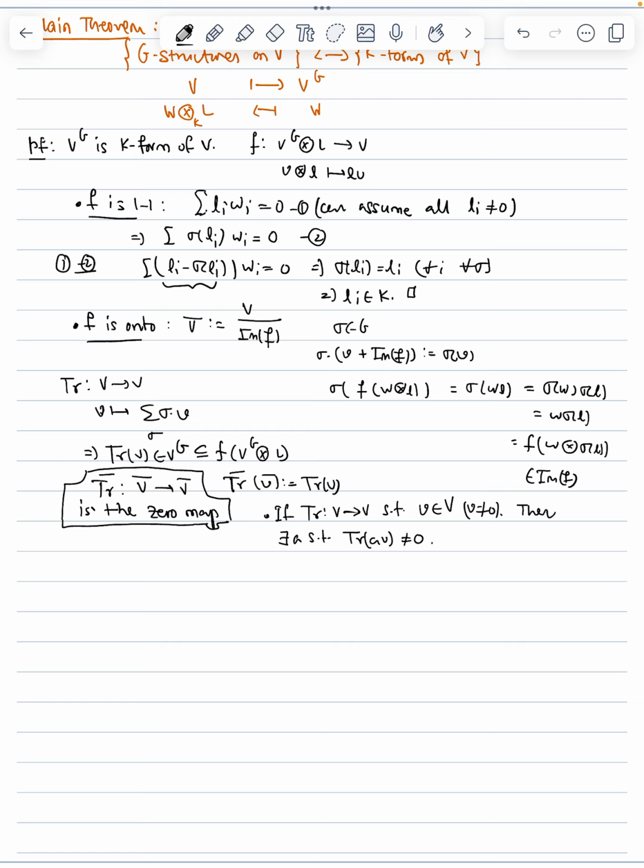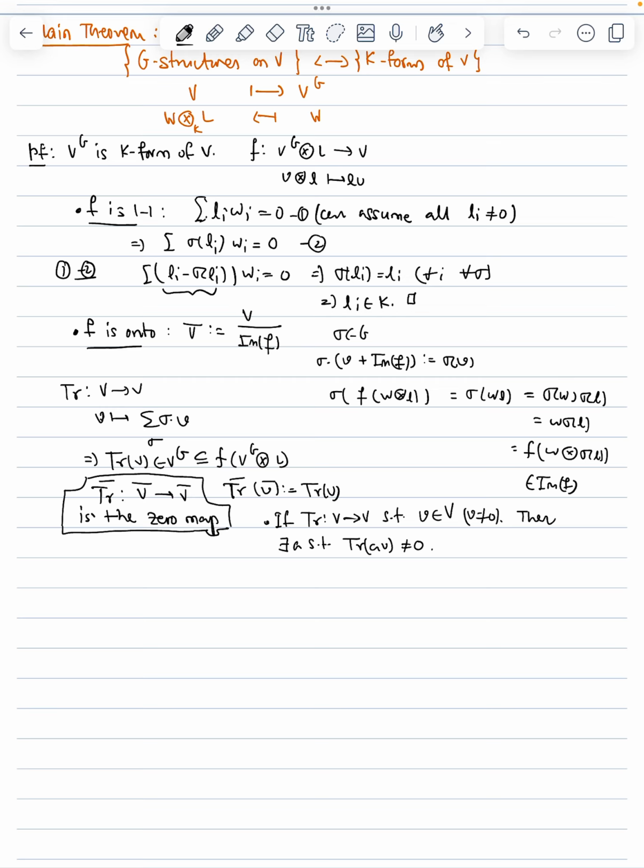And the proof basically involves some linear independence of characters, the usual things. So you can show that. And this will imply that the co-kernel is zero. So the map is onto. So we have shown the map is actually well done.